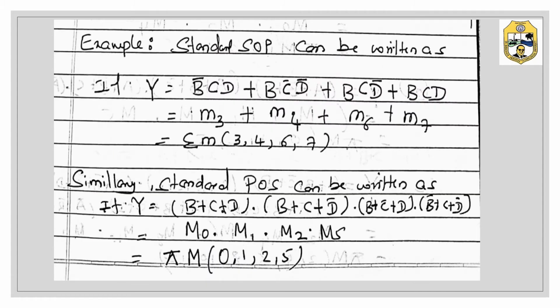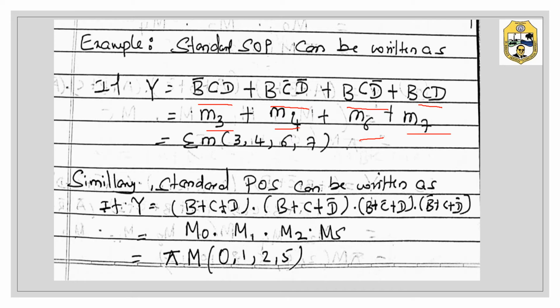Now we will see the example for that. Standard SOP: sum of product can be written as Y equals B bar C D plus B C bar D bar plus B C D bar plus B C D. So for three variables, B bar C D is indicated by m3, B C bar D bar is m4, B C D bar means m6, and B C D means m7.